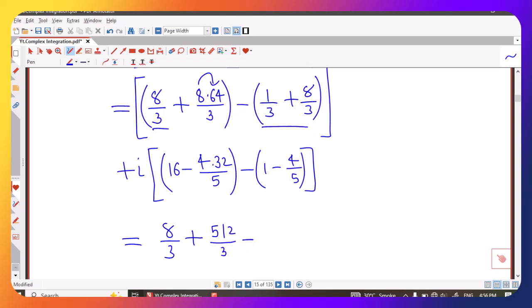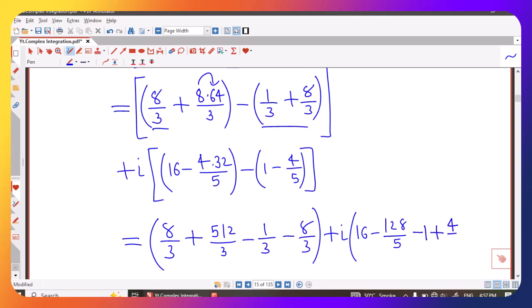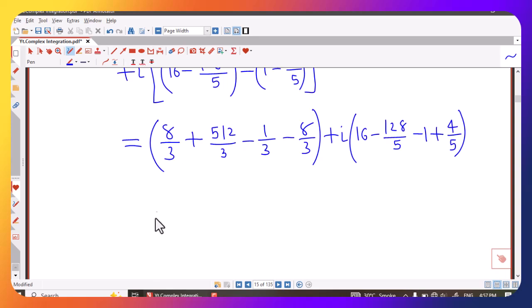Here I split this bracket and I will have minus 1 by 3 minus 8 by 3, plus i times, here also I can simplify this, 16 minus 32 into 4, that is going to be 128 divided by 5, and here minus 1 plus 4 by 5, and then I can combine these two, or I can see that these two will get cancelled, and here I have 512 by 3 minus 1 by 3, that will give me 511 by 3.